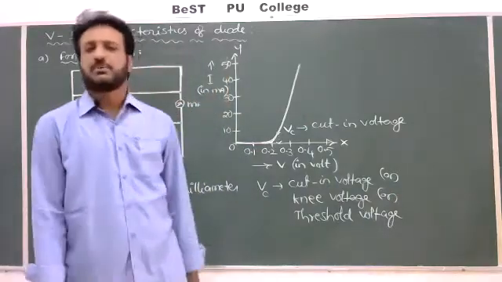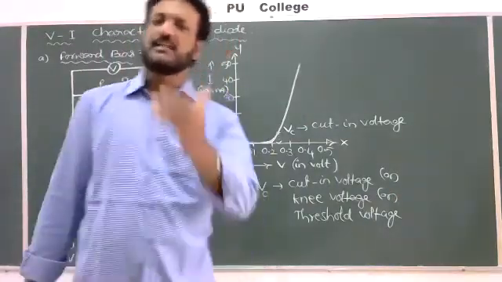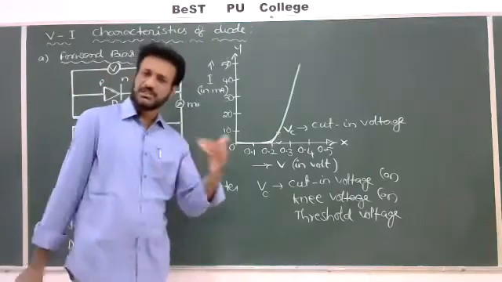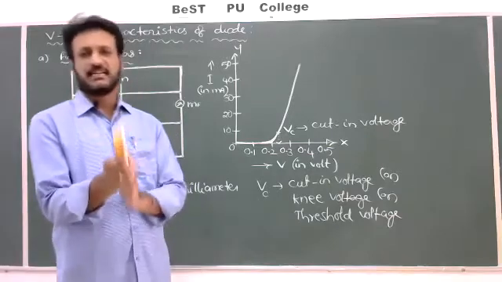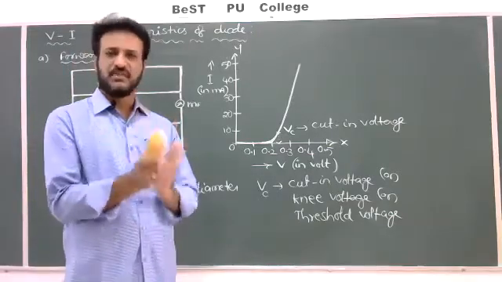So above threshold voltage in the diode, current increases at an exponential rate. Below threshold voltage there is no flow of current, so that acts like one critical value, or threshold. So that is the one important value.